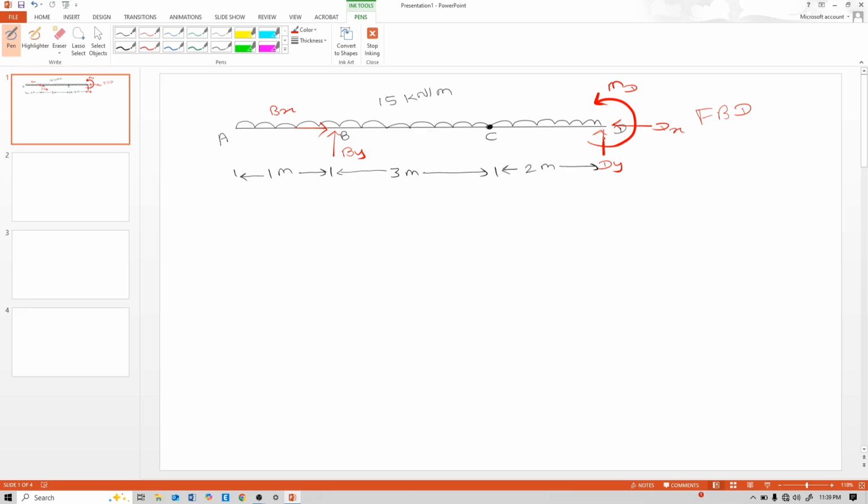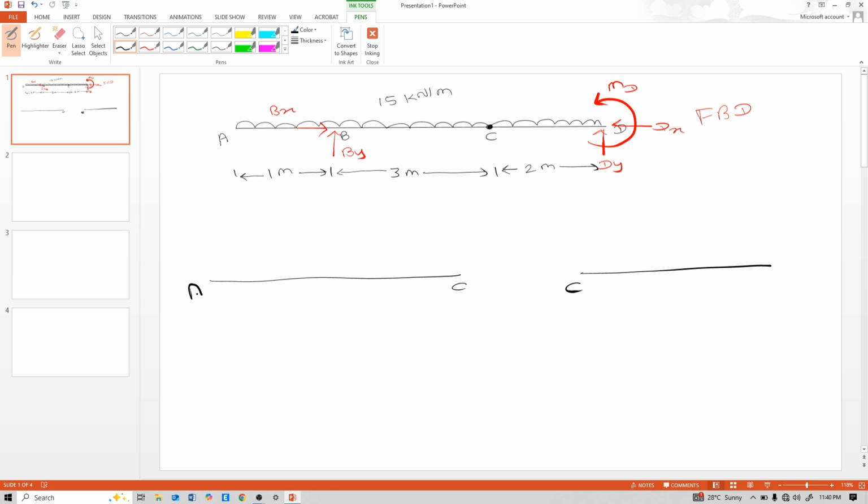But we are interested in vertical reactions, so split this beam at point C, at internal hinge. So one beam is like this, and other is like this. This is C point and this is also C point.